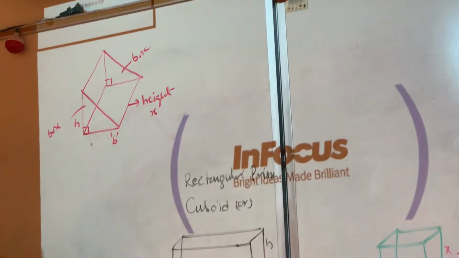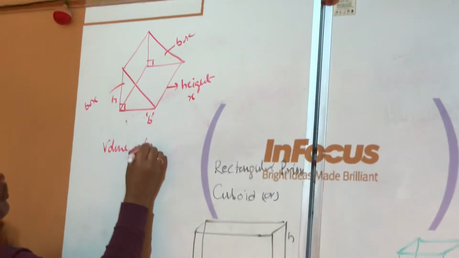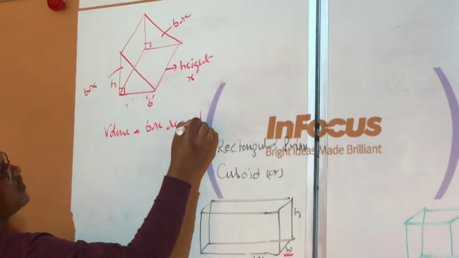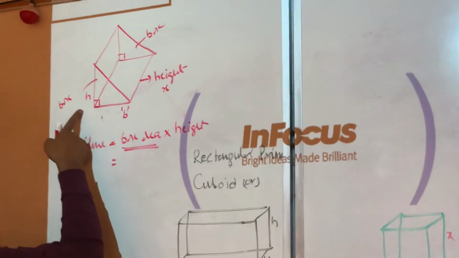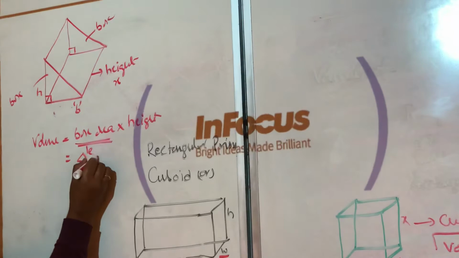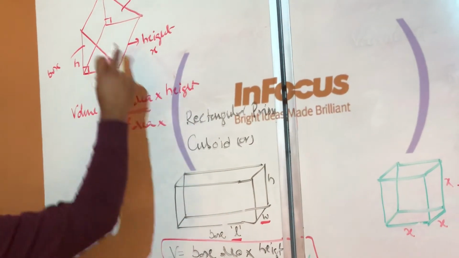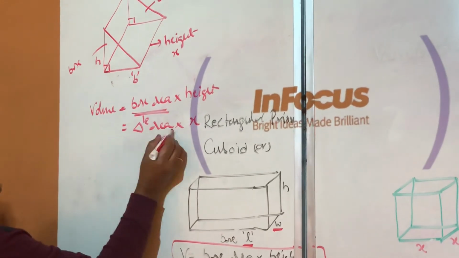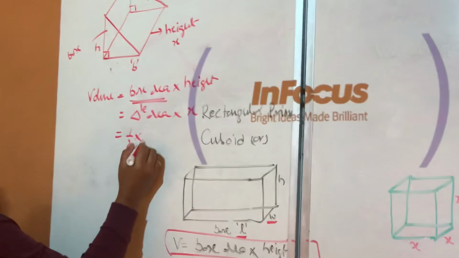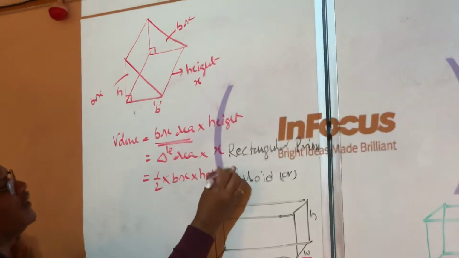Again, I'm going to use the same formula that I used here. Volume equals base area times height. What is the base here? The base is the triangle. So now I'm going with triangle area times the height of the prism, which is x. The triangle area formula is 1/2 times base times height, multiplied with x.